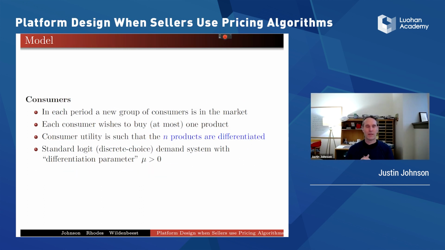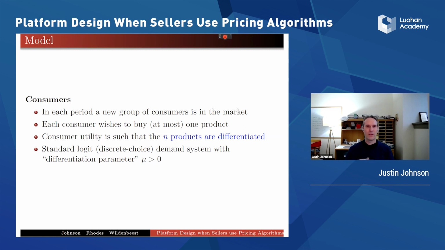The consumers, how do they work? Well, in each period, a new group of consumers arrives in the market, and they want to buy at most one product. And there are these N sellers. Again, the products are differentiated. Let me emphasize that again. And they're differentiated according to a standard discrete choice framework, in particular a logit framework, with what I'll call differentiation parameter mu.